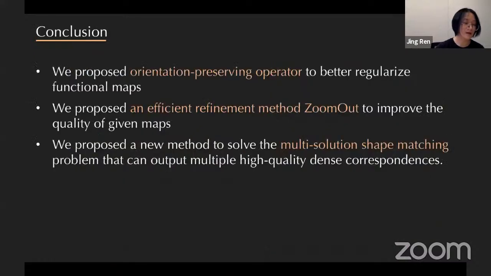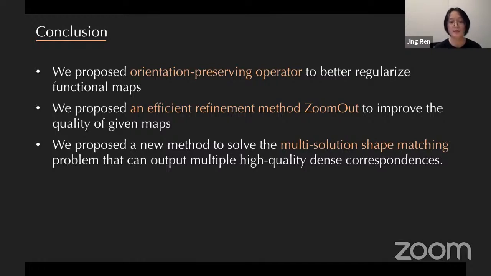So, a short summary. In this talk, I discussed three projects in the functional map pipeline. The first project is about introducing the orientation preserving operator into the functional map pipeline so that we can get a better point-based map with more consistent orientation.